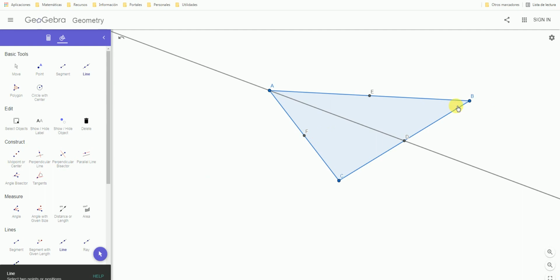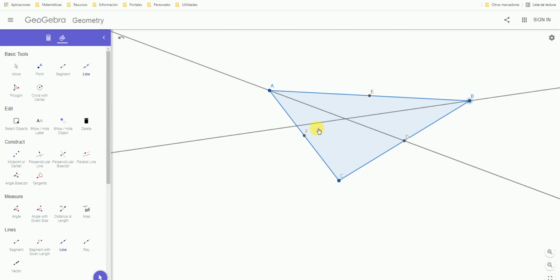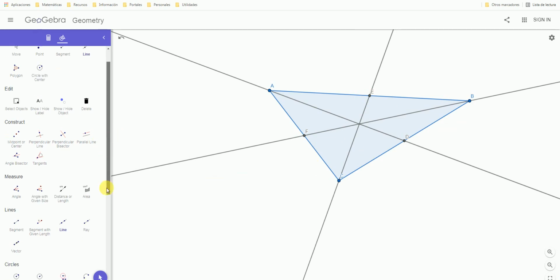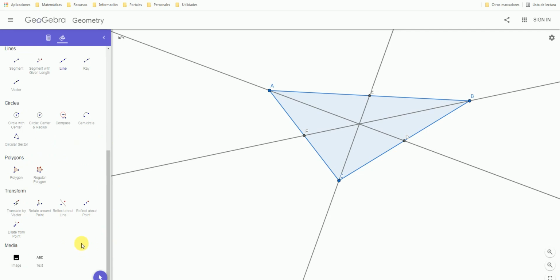The lines going from one vertex to the middle point of the opposite side. These lines, we call them, as I said, the medians.